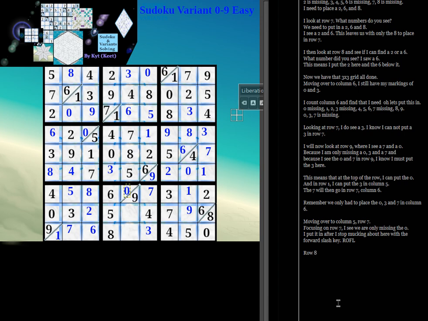Row 8, we count and find we only need a 1.